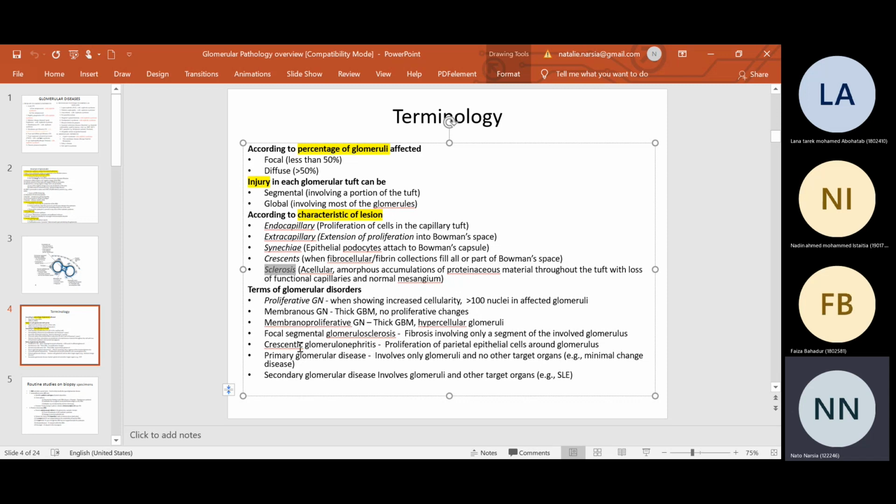Okay, and one thing I will say now and will repeat again. There is question usually, what is composition of crescent? What is crescent? Crescent, guys, means you should find there fibrin and macrophage. It's fibrin deposition and macrophages you should find there. But if you have sclerosis, sclerosis means you should find there collagen, and don't make mistake there.